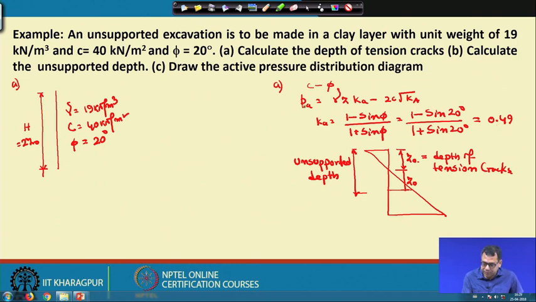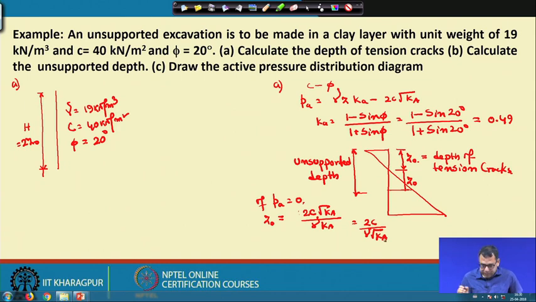Now if I put Pa equal to 0, then you can get Z0 as 2c root Ka divided by gamma Ka, so it will ultimately be 2c divided by gamma root Ka.